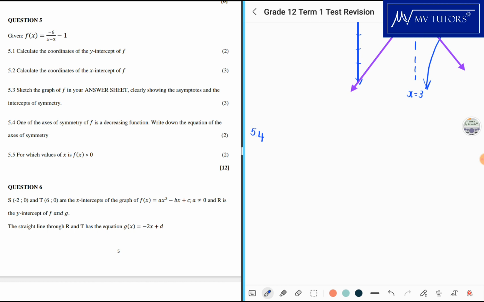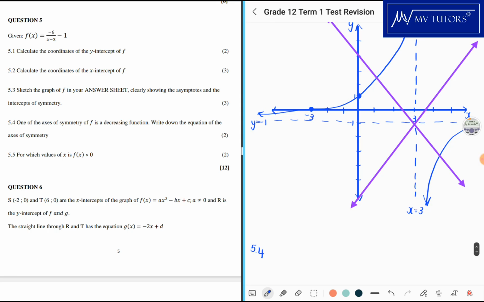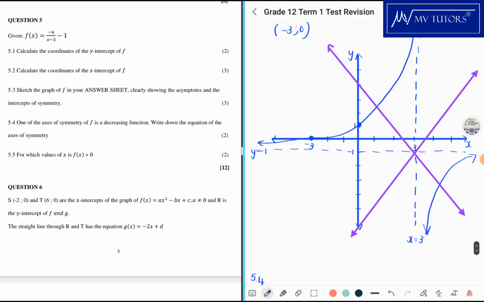It says one of the axes of symmetry of f is a decreasing function. Write down the equation of the axis of symmetry. We can see those are straight lines, and we know that when you're going down from left to right, your gradient is negative. This is a decreasing function, and this is an increasing function.